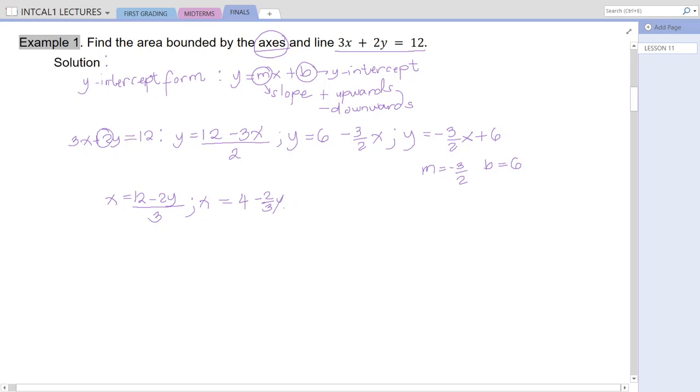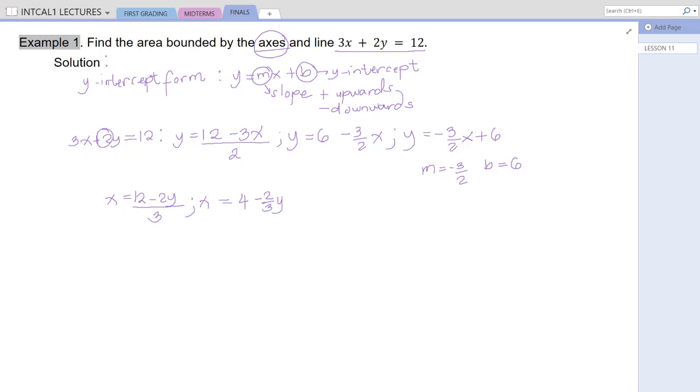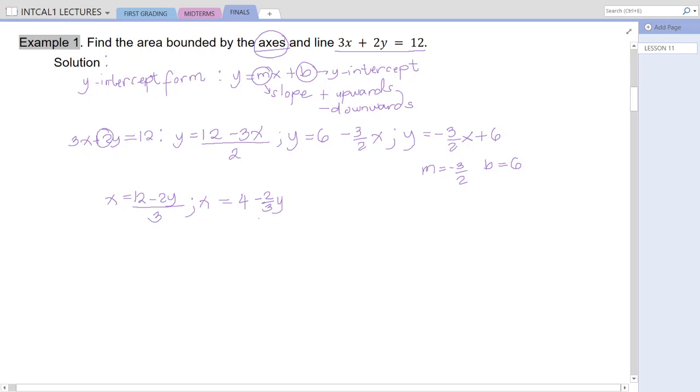So we have two strips to use, either a horizontal strip or a vertical strip. It depends on you, because they will give us the same answer.